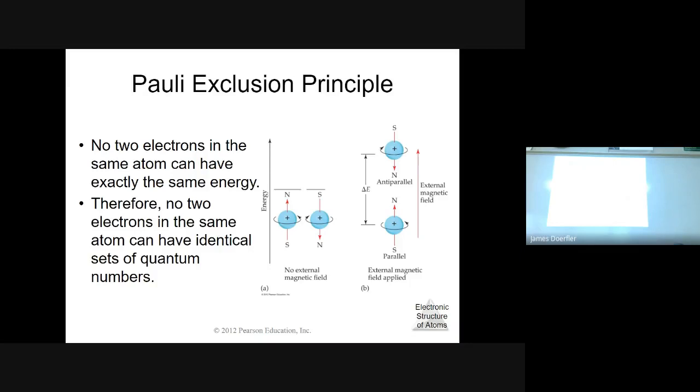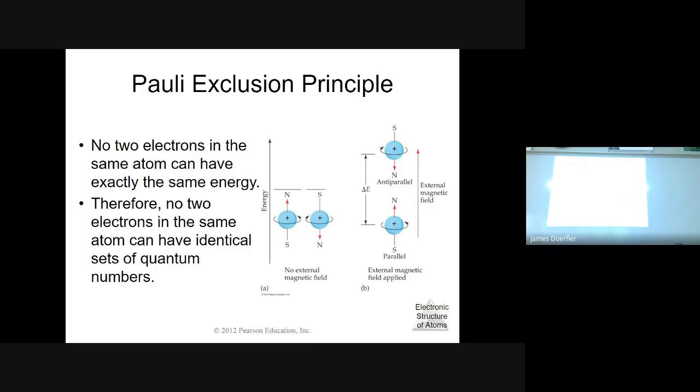We get the Pauli exclusion principle. This is a very important one that we are going to abide by when we are doing the next couple of sections. The Pauli exclusion principle states that no two electrons in the same atom can have exactly the same energy. Just like no one in here can have the exact same home address as your neighbor.